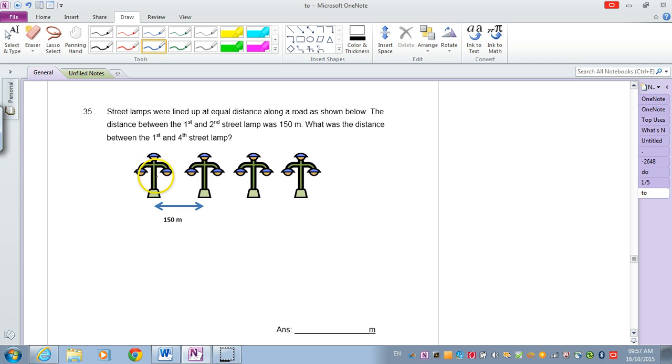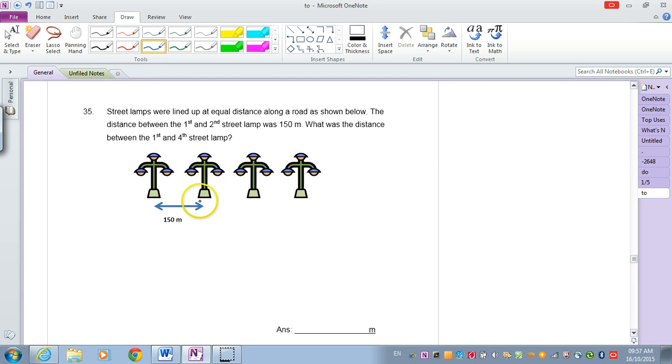Okay, between 2 lampposts, you have a distance of 150 meters. So they ask you what was the distance between the first and the fourth street lamp. Now it is very tempting to just multiply 150 by 4, but no, you have to check very carefully how many 150s you have.